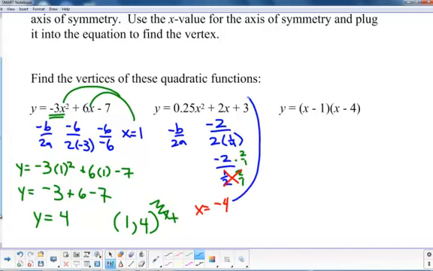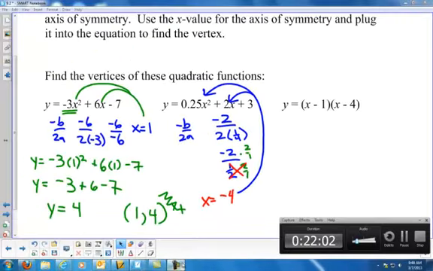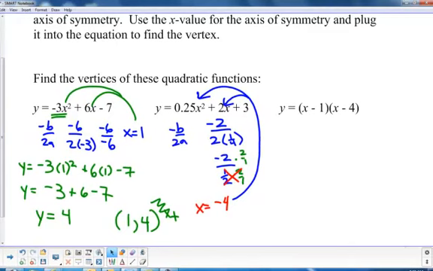When you plug the negative 4 into each of the x's, okay, so then you plug the negative 4 back into every x value.